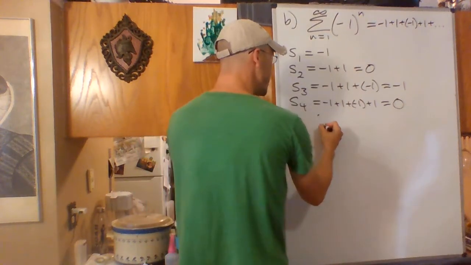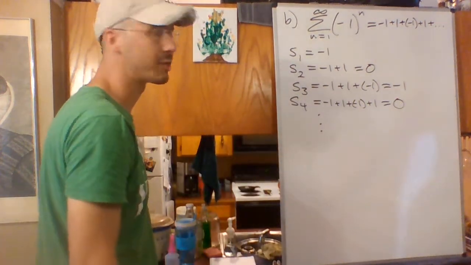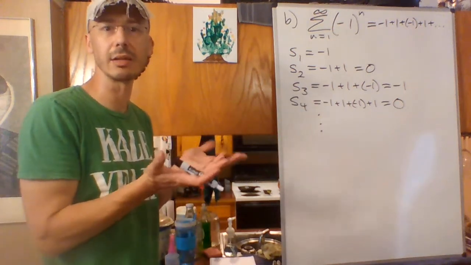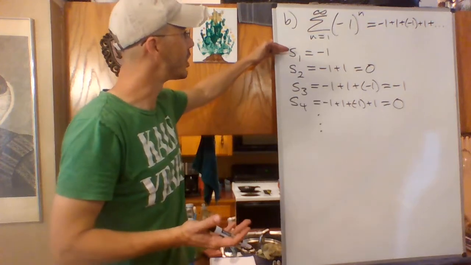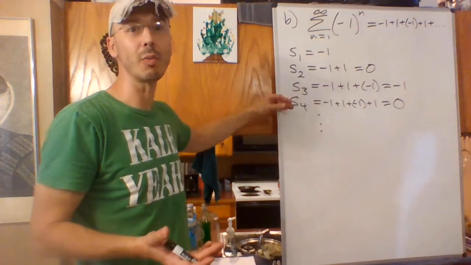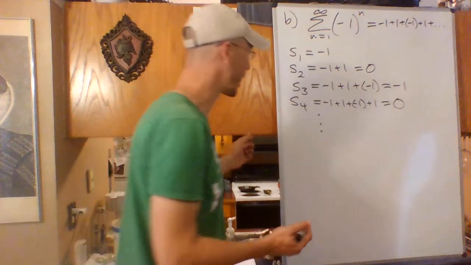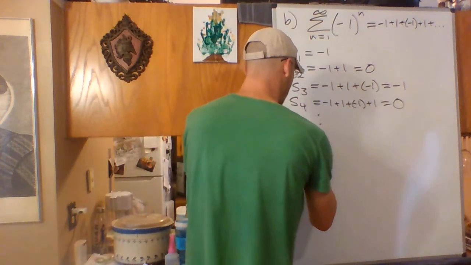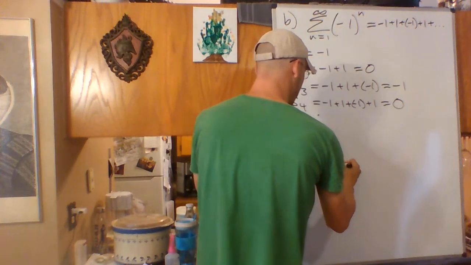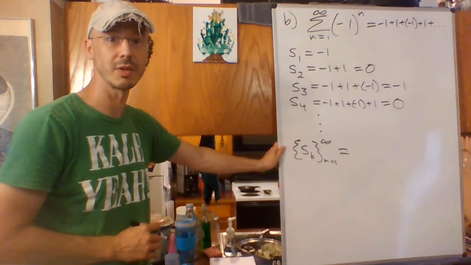So as I look at these terms, I'm really not going to find a formula for the kth partial sum. It just has to do with whether or not k is even or odd. Negative 1 if it's odd, 0 if it's even. There are ways to write that as a formula, but it's more useful just to look at it as the sequence of partial sums.